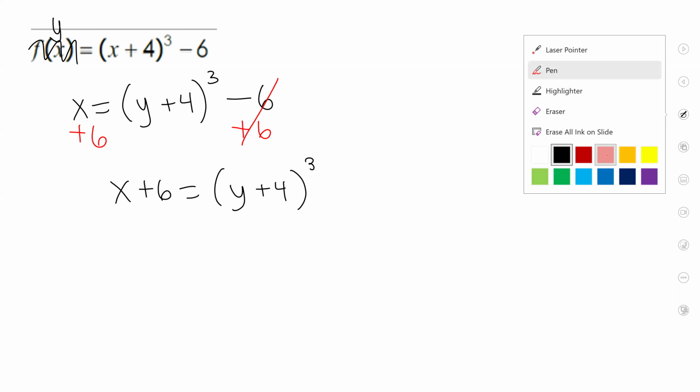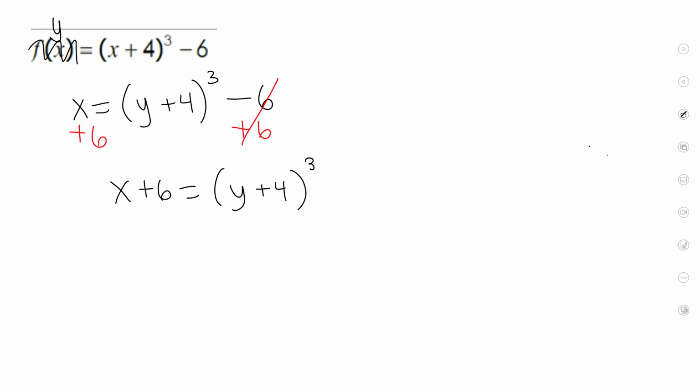How do you think we're going to get rid of a cubed? Yes, I heard someone say it. A cubed root. A cubed root on both sides. So if you have x squared and you square root it, that would cancel it out.